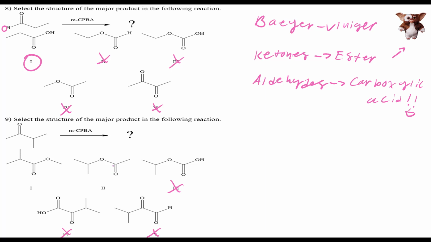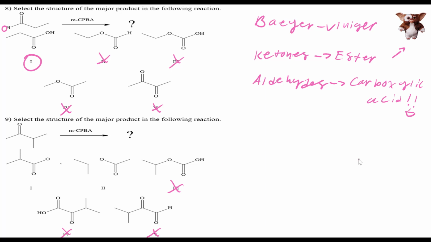Am I going to pick the first one or the second one? Well, I'm going to pick the second one. Why is that? If we were to delete this structure right here, and we were to delete this carbon right here, right? Or I guess this carbon, what would we have?